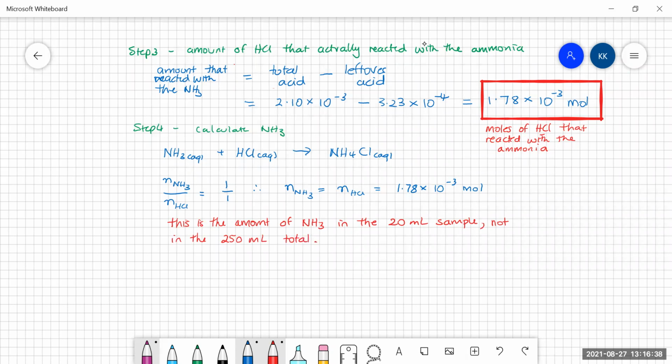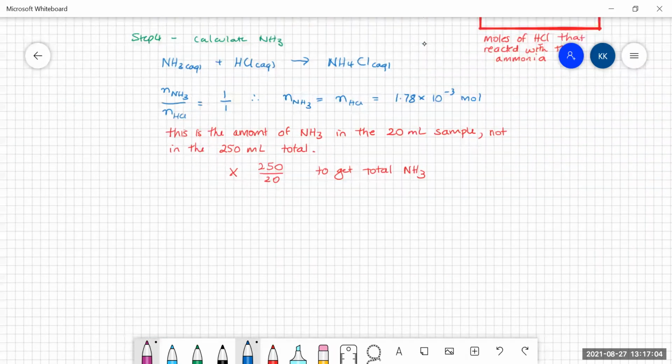So what we're going to need to do is, if you took 20 mls out of 250, then you're going to need to multiply your answer by 250 over 20 to get the total ammonia. All right, let's proceed with this.